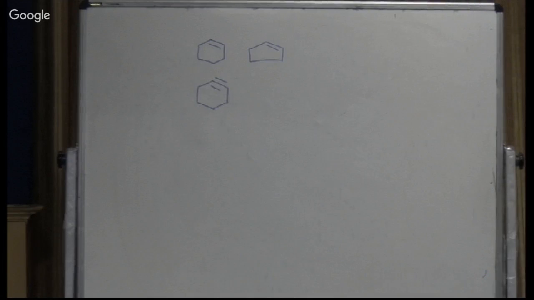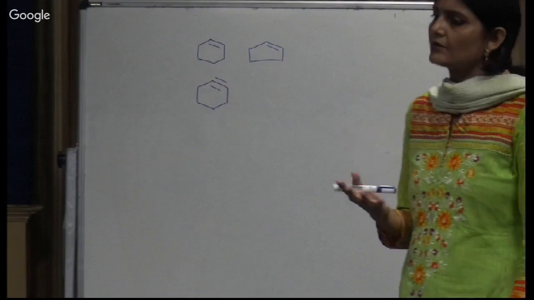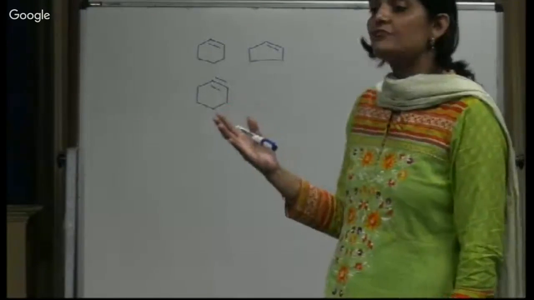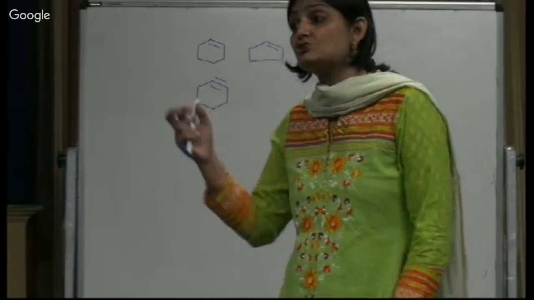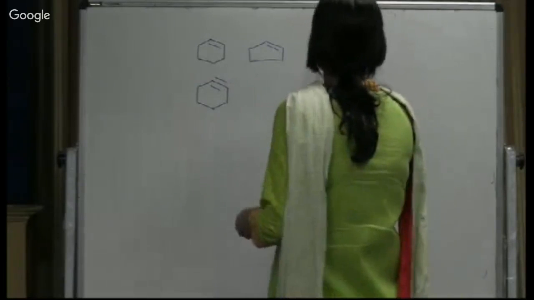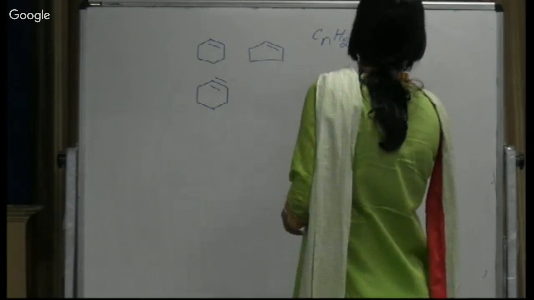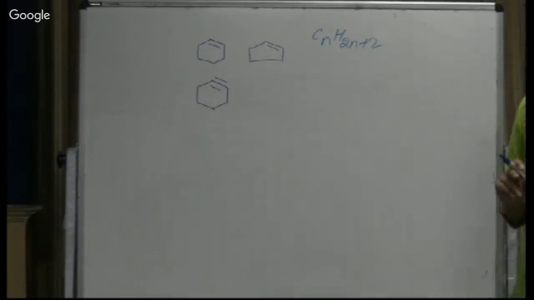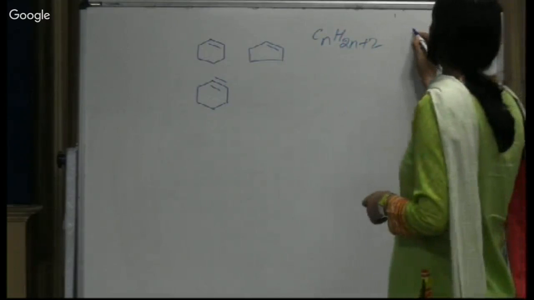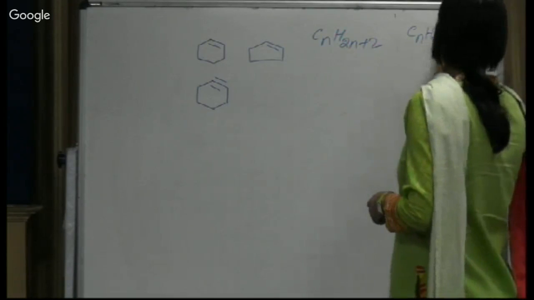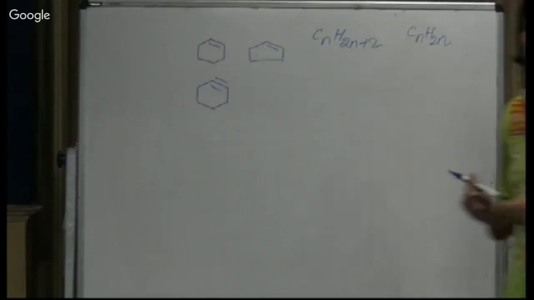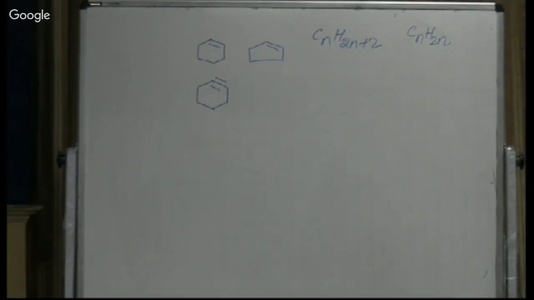Now, what are alkanes? Alkanes, we said, are saturated hydrocarbons which have a general formula of CnH2n+2 if they are open chain, right? And if they are cyclic, then they will have a general formula of CnH2n, right? Now, these compounds are called paraffins.